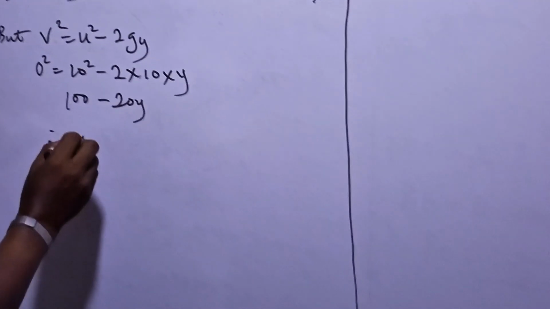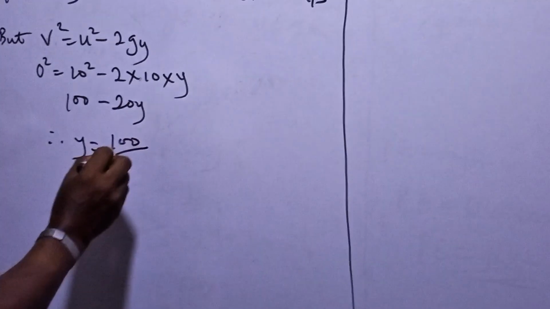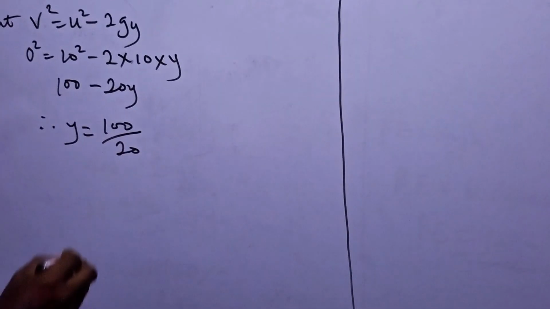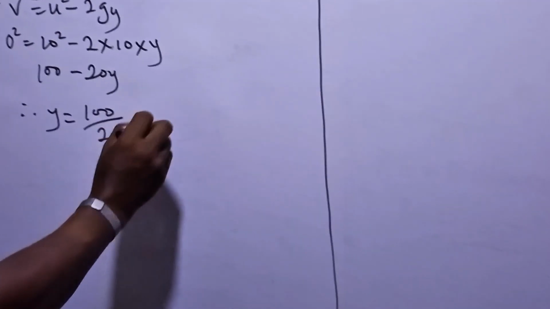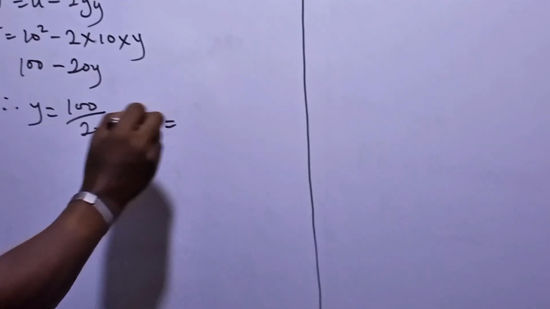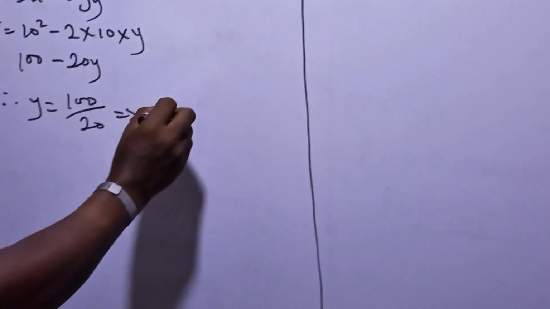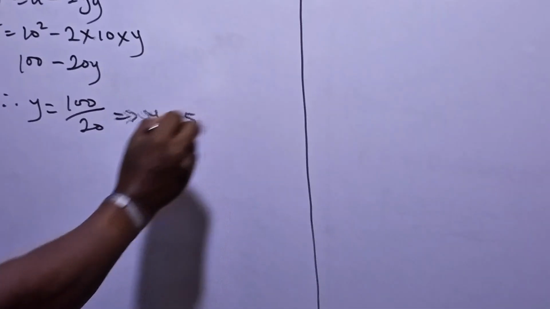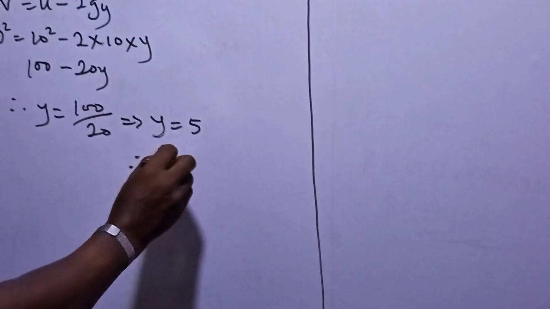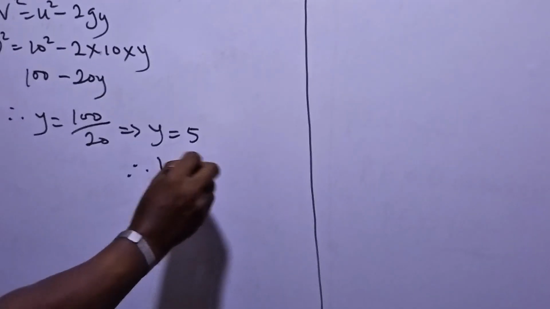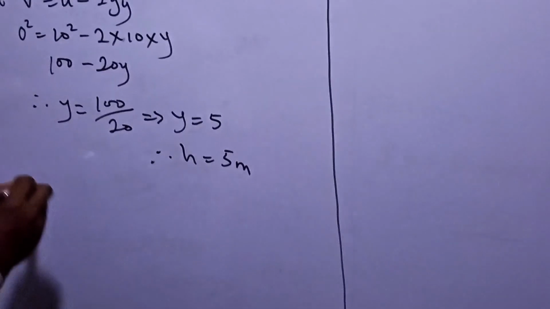Therefore, y is equal to 100 over 20, and y equals 5. Therefore, the height is 5 meters.